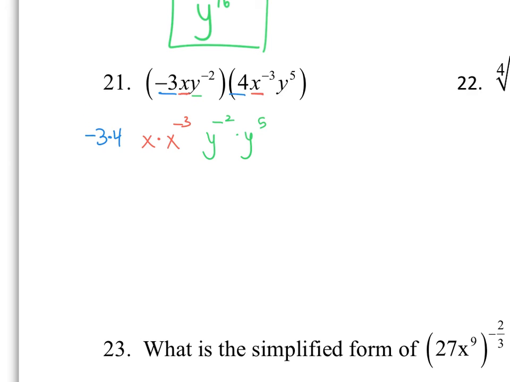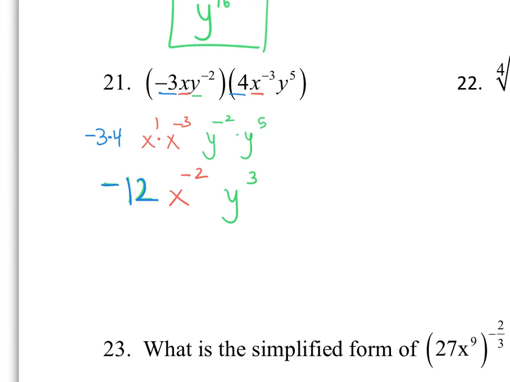So when I multiply this, we get negative 12. Then, when I multiply my x's, 1 plus negative 3, that leaves me with x to the negative second. When we multiply our y's, negative 2 plus 5 gives me 3.